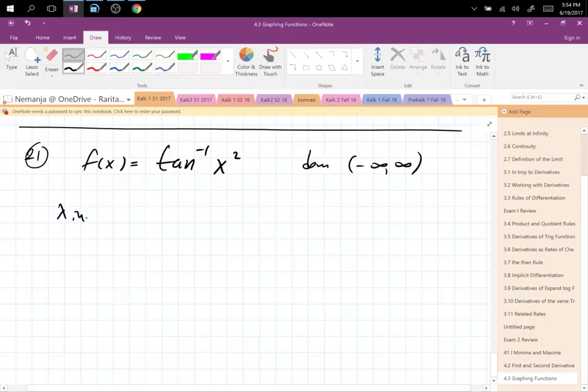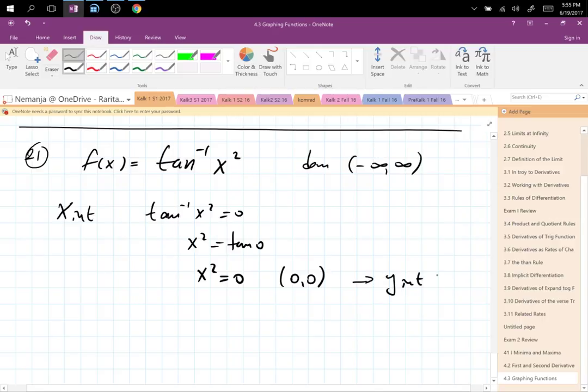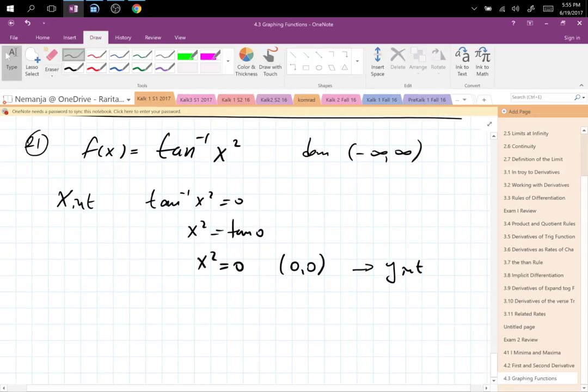For the x-intercept, we set y equal to 0, so inverse tangent of x squared is equal to 0. We apply tangent to both sides. We get x squared equals tangent of 0, which is 0. And we get (0, 0). As soon as you have (0, 0) as the x-intercept, that's immediately the y-intercept as well, because it's at the origin. So we have (0, 0) to be both x-intercept and y-intercept.